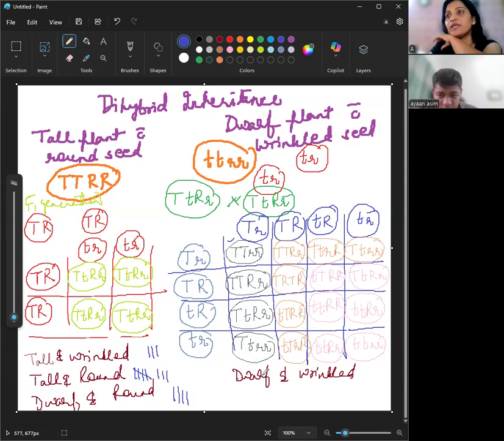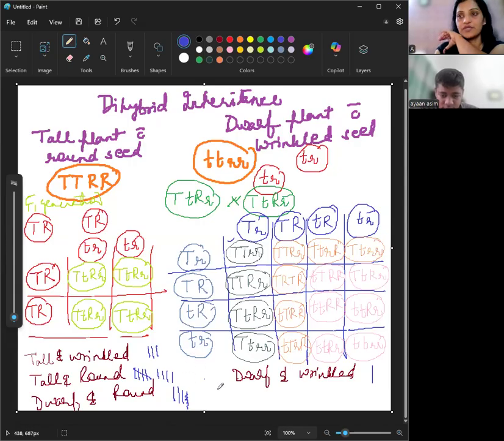We have done this one under the wrong category. The last one, TTRR, is single. I think we have misplaced it over here. It should be tall and round here. This was by mistake.